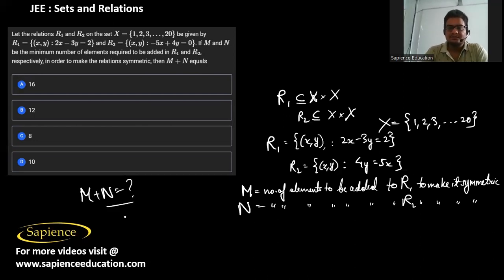So now R1, that means 2x minus 3y should be equal to 2.